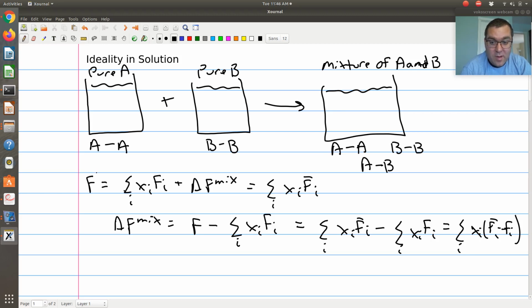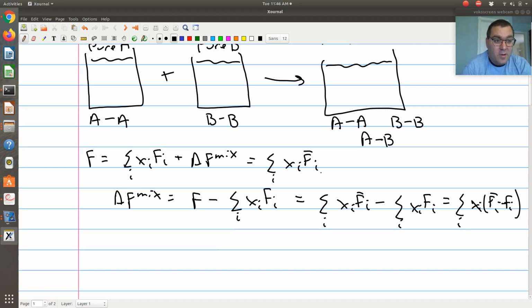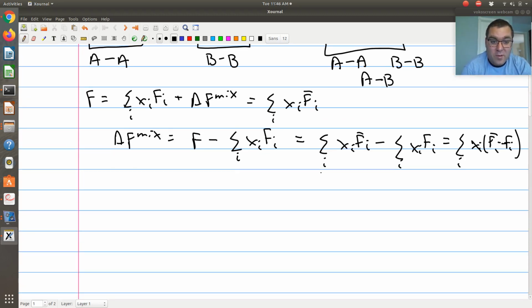At this given temperature, pressure, and composition, my pure component values f_i would be at the same temperature and pressure. Delta f of mixing is going to be a function of composition, so that's temperature, pressure, and composition of my final mixture. F-bar_i is a function of temperature, pressure, and composition, because it's a function of the composition of my final mixture.